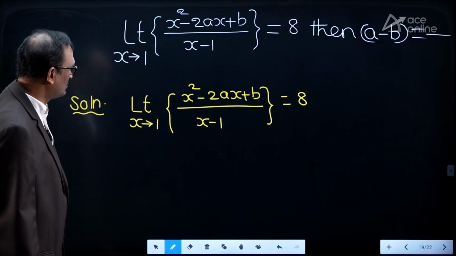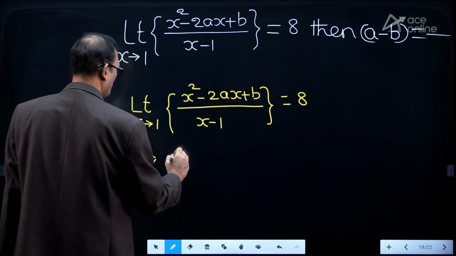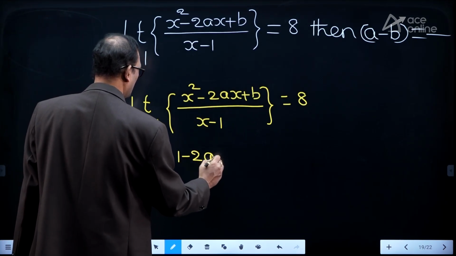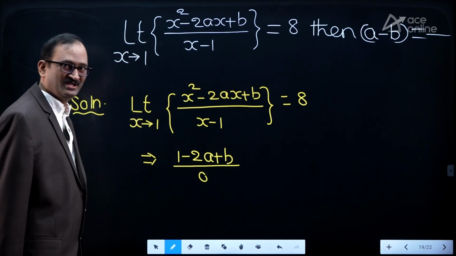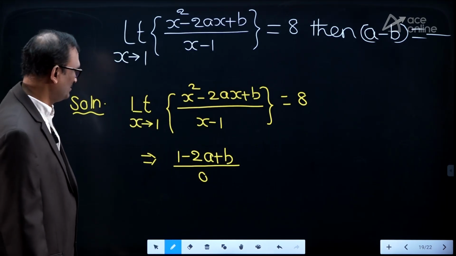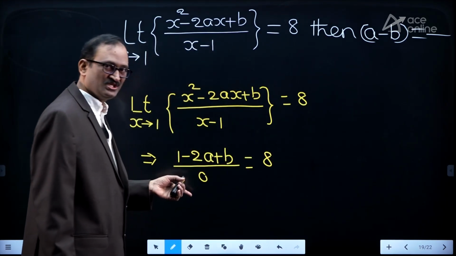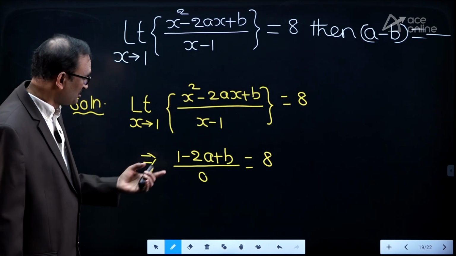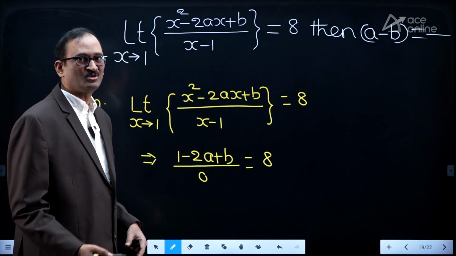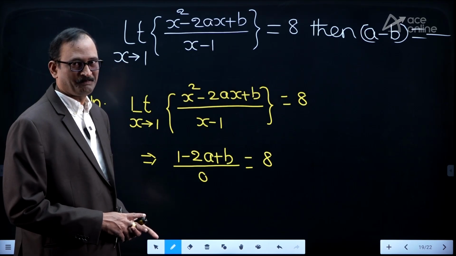If I take x equal to 1, then it becomes 1 minus 2a plus b divided by the denominator 1 minus 1, which is 0. Your doubt is something by 0 is infinity, and 8 equal to infinity is meaningless. But you don't know the a value and b value, so without knowing them we cannot say something by 0 is infinity.